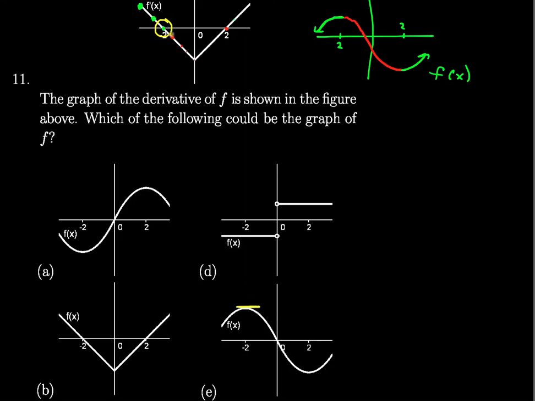Then it starts going negative and gets its steepest negative slope when x is 0. Okay. And then it starts leveling off and gets back to a horizontal tangent where x is 2 right here. Everything matches up, so our answer is E.